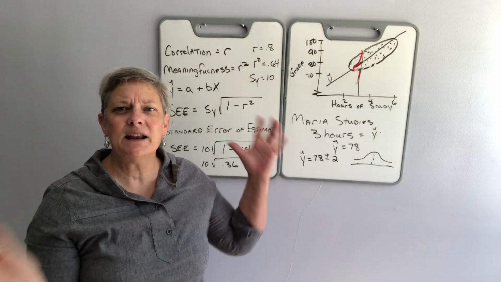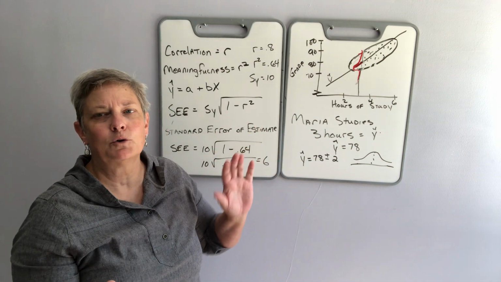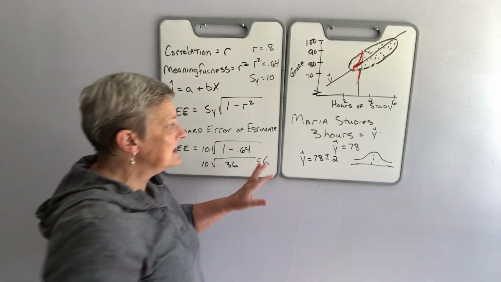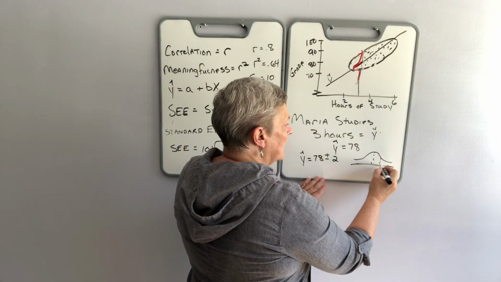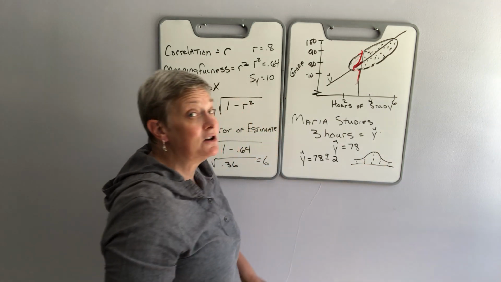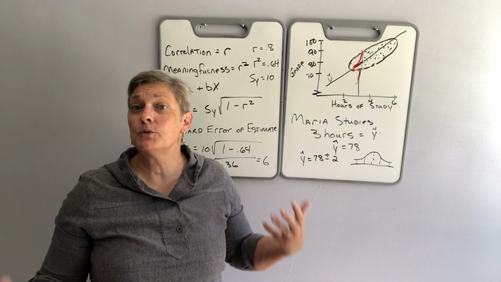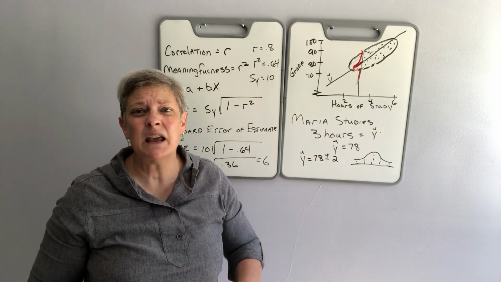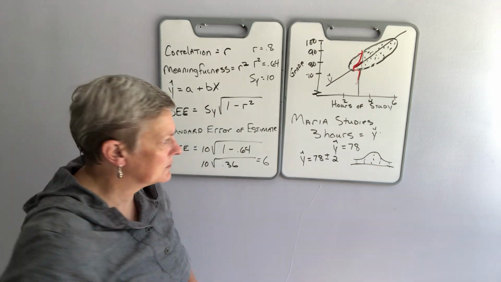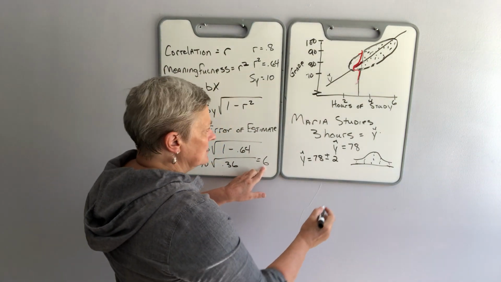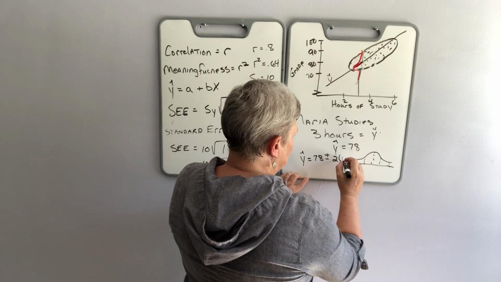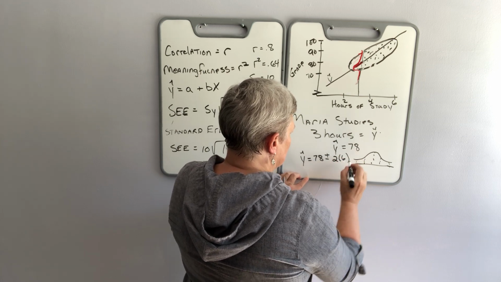If Maria studies this amount of time and I want to be 95% confident she's going to get that grade, I need 2 standard deviations. If I did 1 standard deviation, that would only be 68% sure. I want to be 95% sure. So I take 2 times the SEE, which is 6.